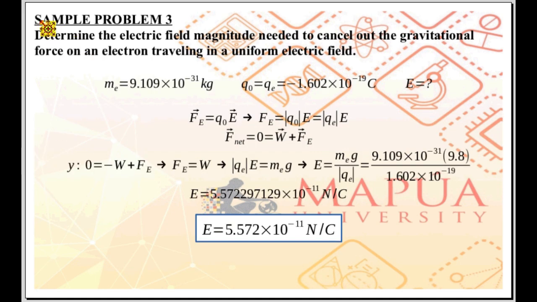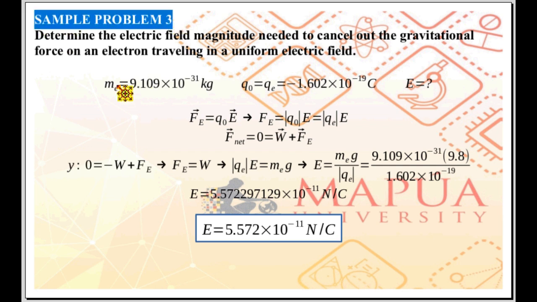So let's have one example. Sample problem number 3. Determine the electric field magnitude needed to cancel out the gravitational force on an electron traveling in a uniform electric field. The particle or the object is an electron. We know the mass of the electron to be 9.109 times 10 to the negative 31 kilograms.